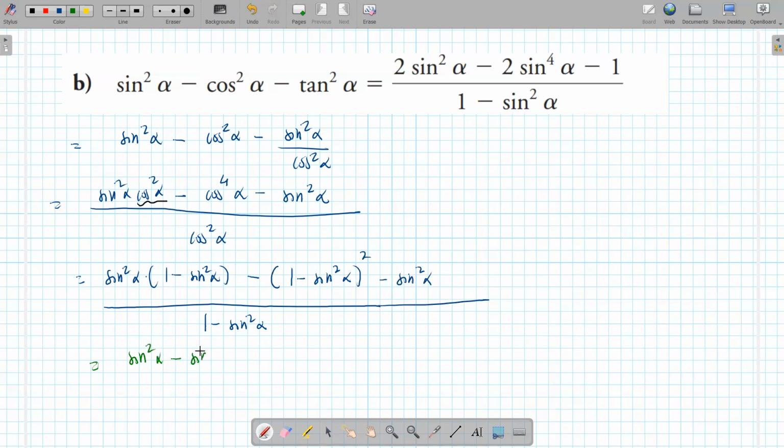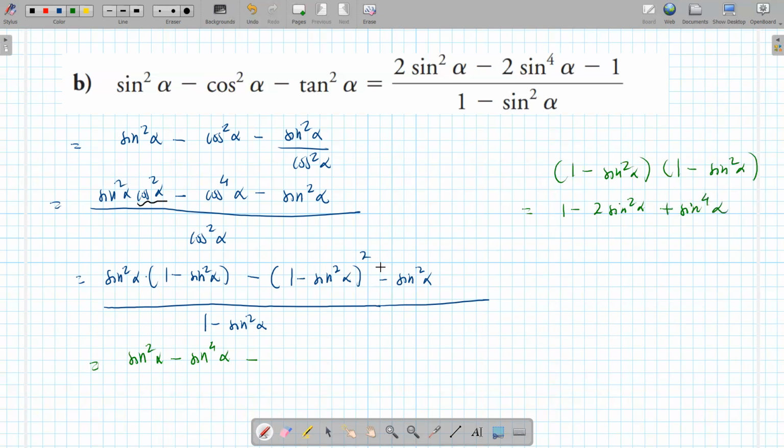Right. The next bracket is slightly difficult. You can always use the formula for a minus b whole squared, but you want to multiply it like this. When you do this, you get 1 minus 2 sine squared alpha plus sine to the power of 4 alpha.